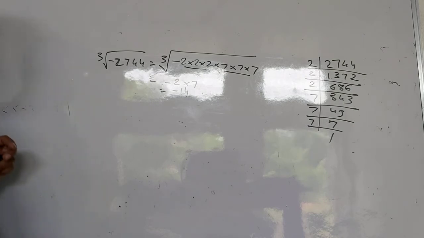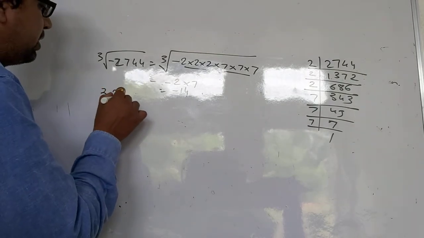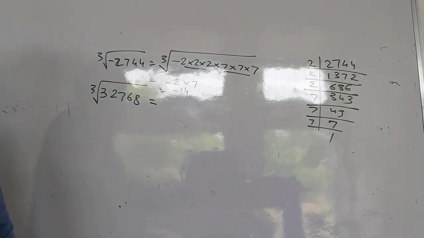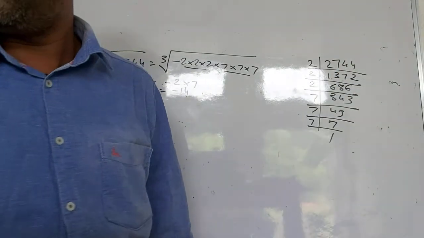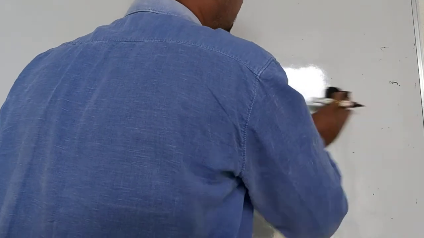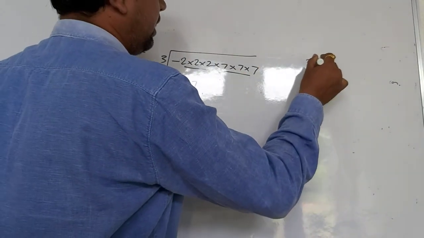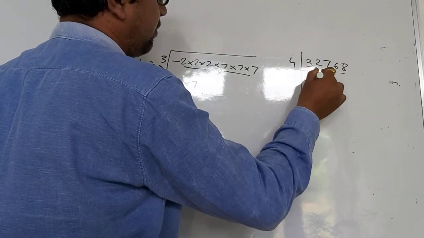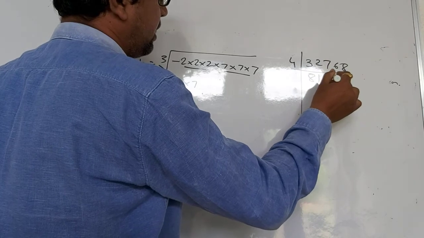Next is 32768. Here I will find the factors. It is divisible by 4, so directly by 4. 4 8s are 32, 4 1s are, 4 9s are, and 4 2s are.